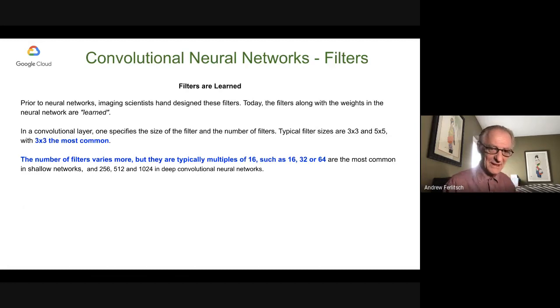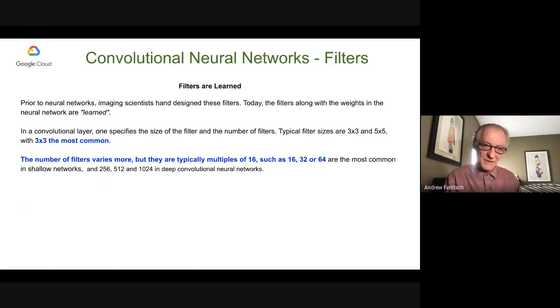Now, in convolutions, these filters could be any rectangular shape, but today we always make them squares. That is, the height by width is the same. And our typical sizes now are 3 by 3 and 5 by 5. And 3 by 3 are the most common. At each convolutional layer, we also have a number of filters, not just one.